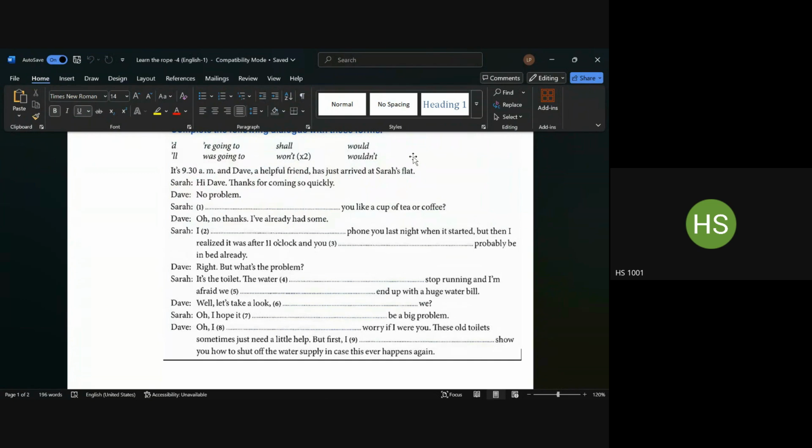Okay. So I'll do one thing. I would like you to read through the whole of that. It's a conversation between Sarah and Dave. So read it entirely, and then you can start filling in, thinking of what goes into each of the blanks, because it will give you the context in which this conversation is happening. Just take a minute and run through it.